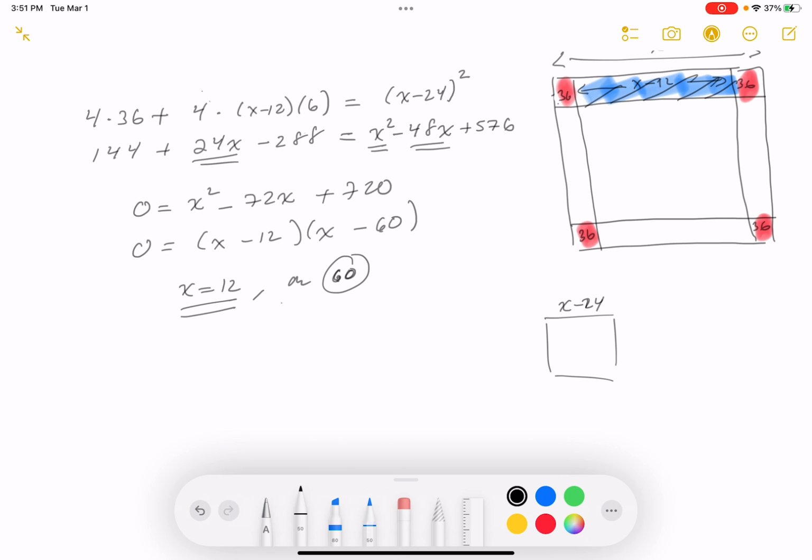So the question is, what is their question? The question is, how many men are there? Well, that's pretty easy to answer now, because I can answer it from this over here, and that's going to be 36 and 36. So it's 36 times 36. That's how many men there are.